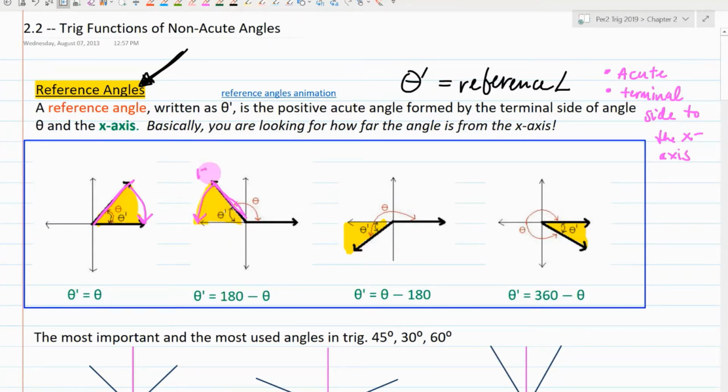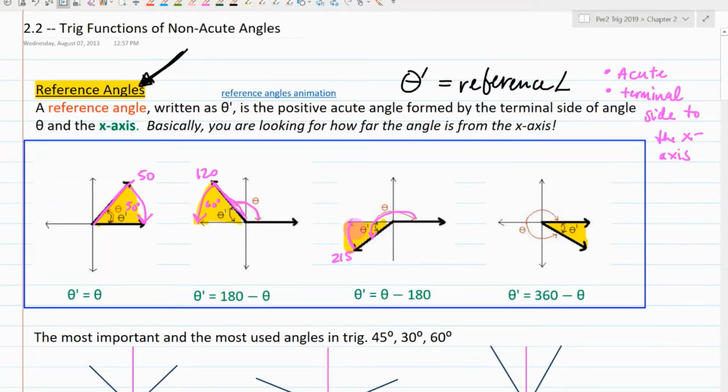So let's say the angle is 120. This would be the terminal side. Then the reference angle is 60 degrees. If it's in quadrant 1 and that's 50, then the reference angle is also 50 degrees. Let's say we're in quadrant 3 and I'll throw out a number, 215.